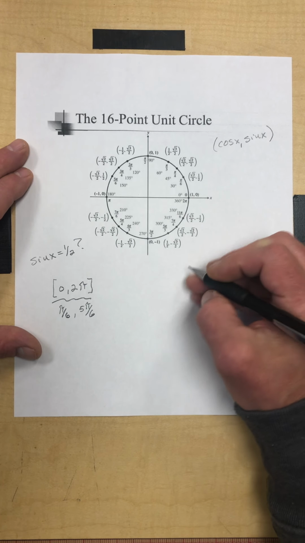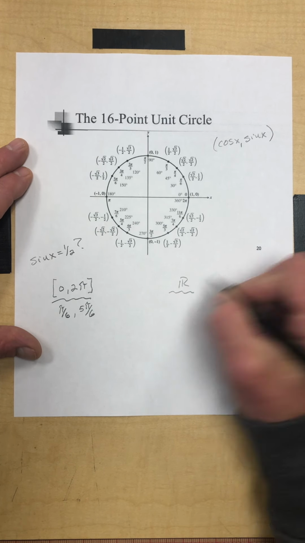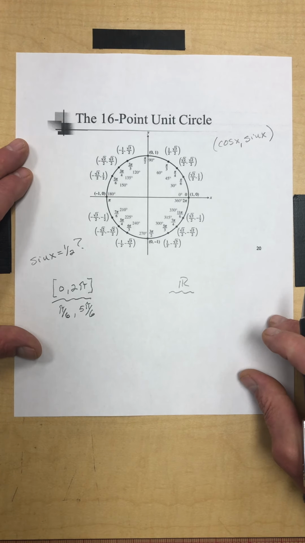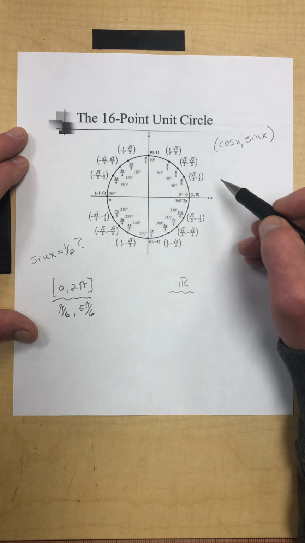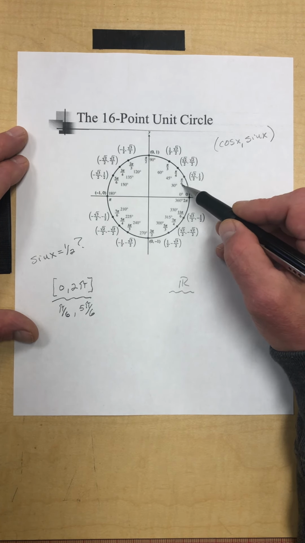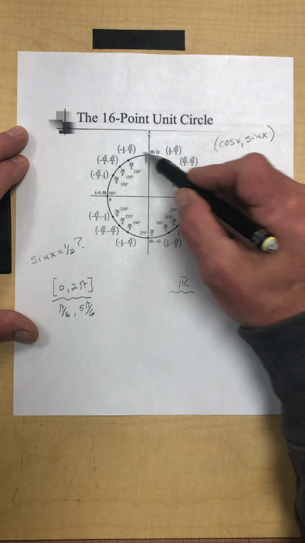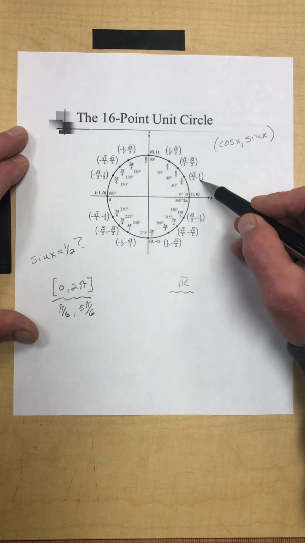And I say, what if I want to go on the set of real numbers? Let's see what would happen. Let's take these solutions one at a time. If I'm at pi over 6, I would have to go all the way around 2 pi radians to get back to there and have another solution.